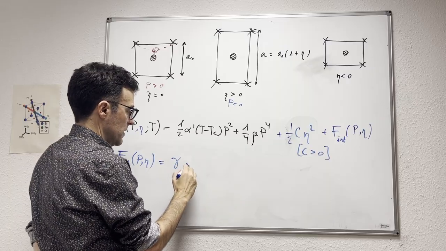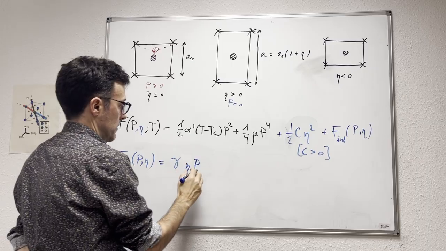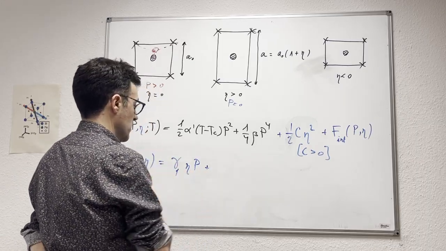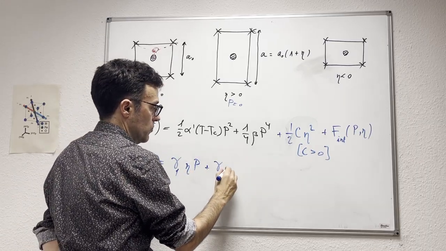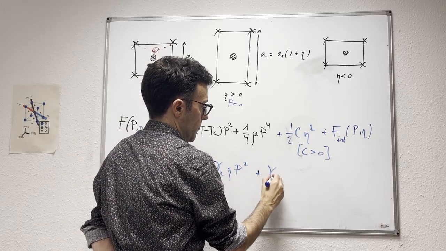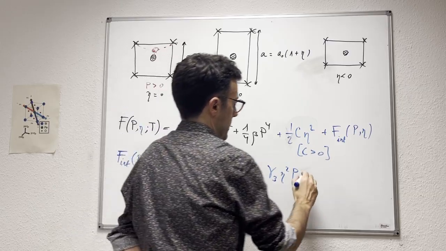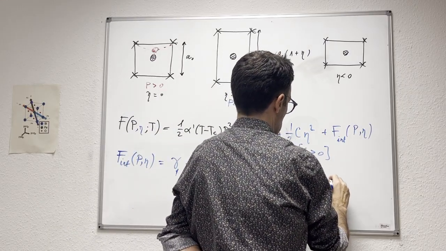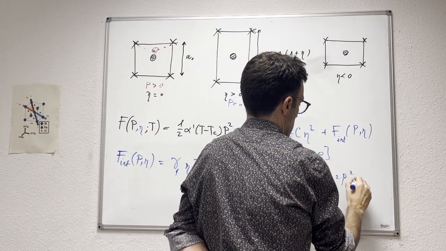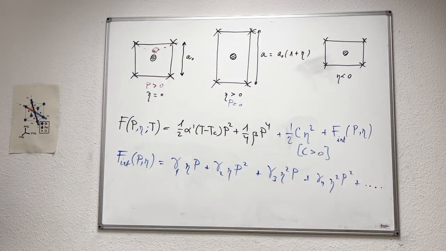We could have something that is eta p, so linear in both strain and polarization. Let me call that one gamma 1. Gamma 2 would be eta p squared. Gamma 3 would be eta squared p. Gamma 4 would be eta squared p squared, etc. All right.